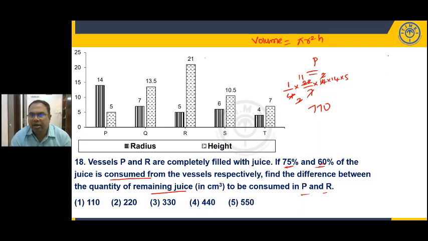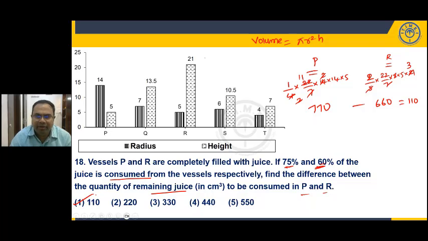What about R? 60% consumed. So remaining is 40%. 40% is 2 by 5 into pi, 22 by 7 into r square into height. Radius square is 5 into 5, into height 21. This 5 cancels. 7 goes 3 times. 15 to 30. 30 into 22, 660. Difference is 110.